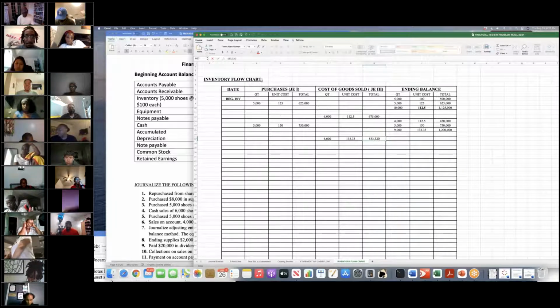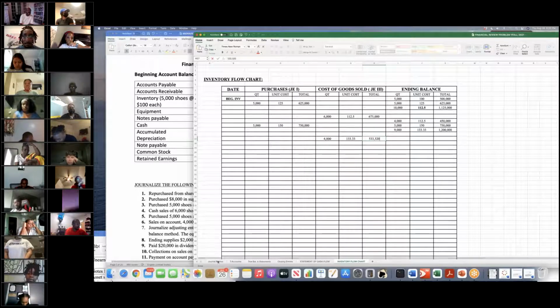I'll take your word for it. So every time we make this purchase and then we make a sale, you have to go back and recalculate your weighted average when you're using weighted average. But this is 533,320. So I got to go to my journal entries.